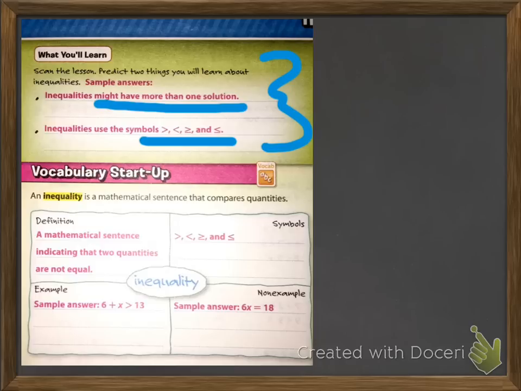The definition of an inequality is a mathematical sentence indicating that two quantities are not equal. Let's look at the non-example, right over here. We know from our equations, because we just got done with equations in Chapter 6, that if you have an equation that says 6x equals 18, such as the example here, it's telling us that whatever's on this side of the equation is going to equal what's on the other side.